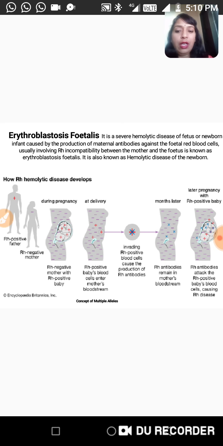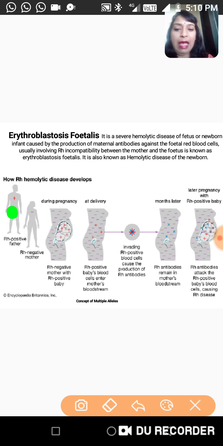So whenever a Rh positive man marries a Rh negative woman, during the first pregnancy of such a couple, the Rh negative mother carries a Rh positive fetus in her womb, and after parturition, a little amount of Rh positive blood, that is RBCs, enters into the mother's body, that is going to trigger synthesis of anti-Rh antibodies in the body of the mother.